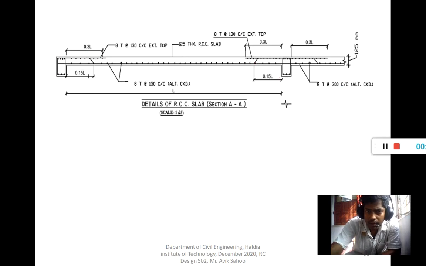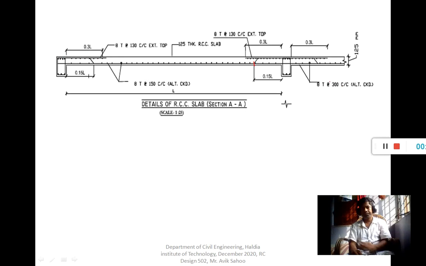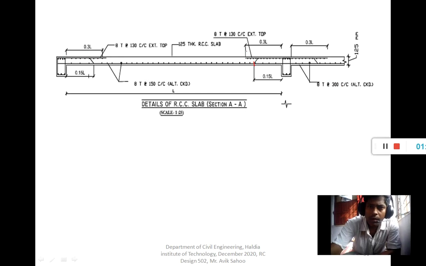And where the bar is curtailed, this is 0.15 L from the face of the support. So here the alternate bar is curtailed, so the spacing is 300 mm. Similarly at top also we apply the steel 130 center to center, and the scale is 1:25.